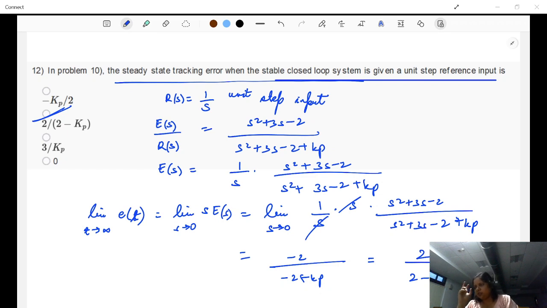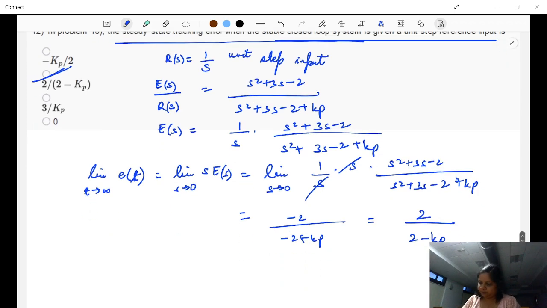That was happening in time domain for output. Here we want to find the steady state tracking error, not steady state output. One of the ways is to do it in Laplace domain because it is much easier due to the algebraic nature of simplification. So s into E(s), s tends to 0, would solve all your problems.